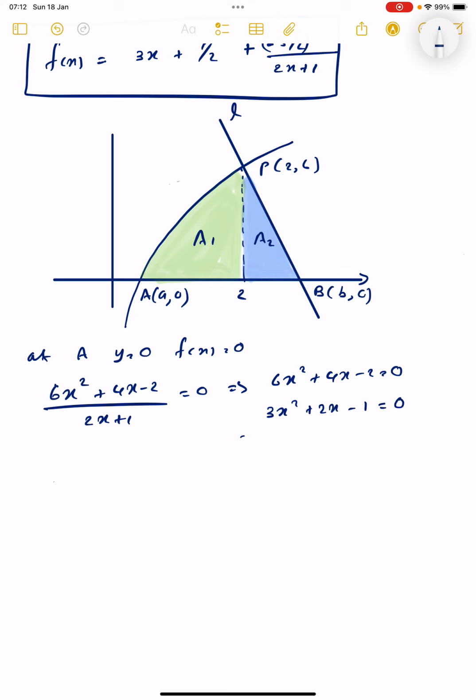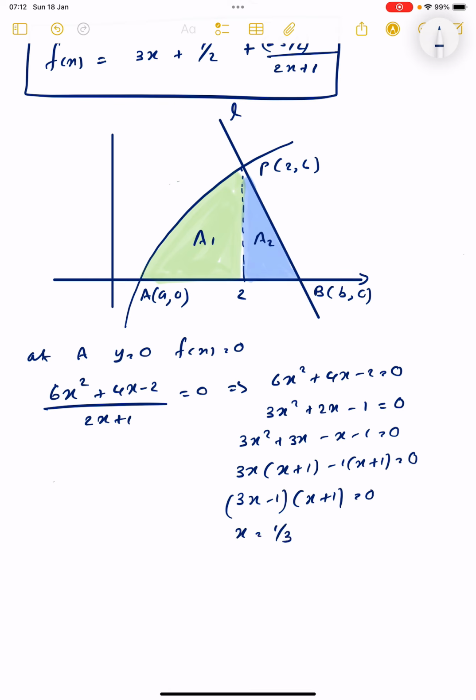So 3x² + 3x − x − 1 equals 0. Factorize this and you would get (3x − 1)(x + 1) equals 0. So x equals 1/3 or x is minus 1. You can't have x equals minus 1 because the domain of x is greater than minus half. So this should be the x coordinate of point A. So A will be (1/3, 0).